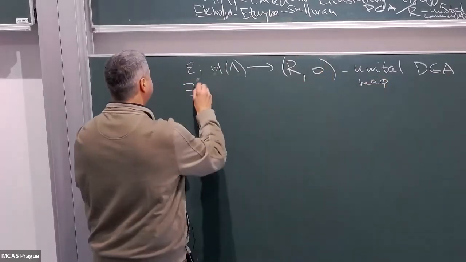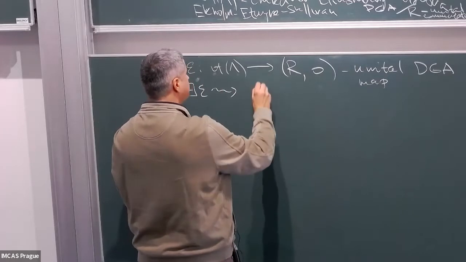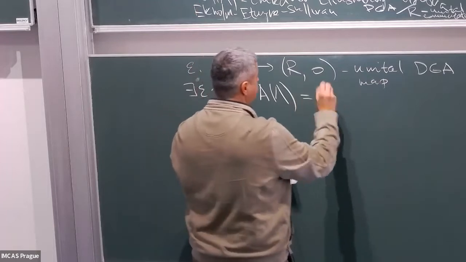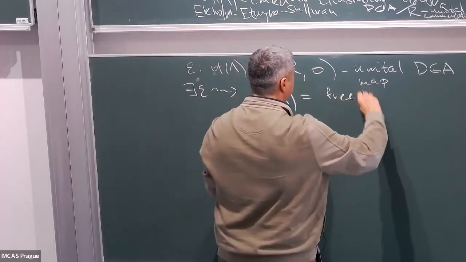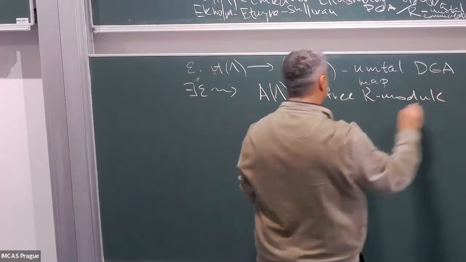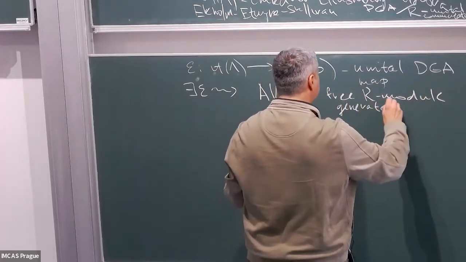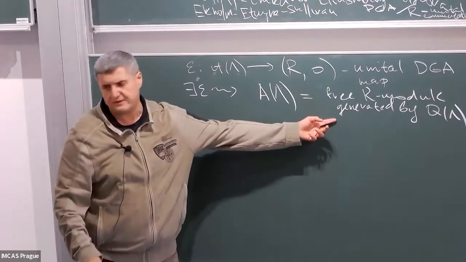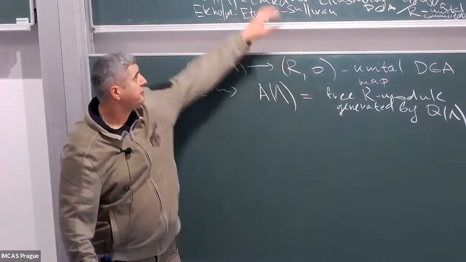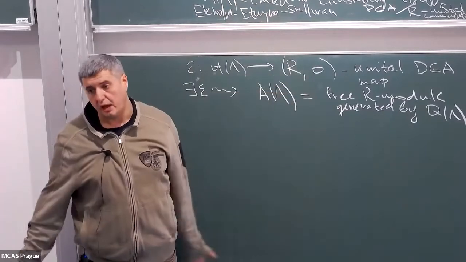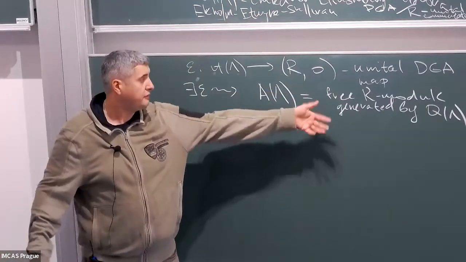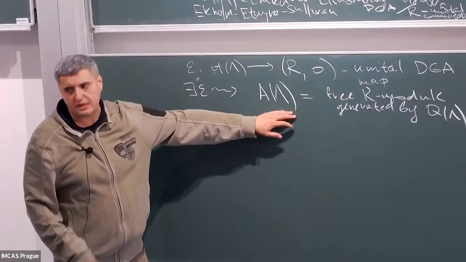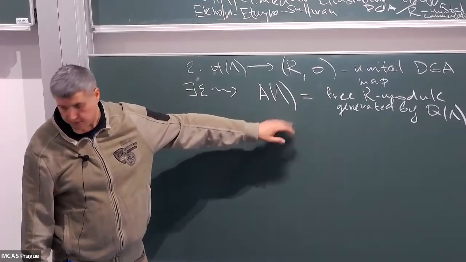If we have this epsilon, then we can form the so-called linearized algebra, here a curly A, there a standard A. It will be a free R module, once again generated by this Q lambda, with a linearized differential. Since we have a finite number of elements, we will have a finite dimensional module, so we get invariants that are easy to compute. So the existence of this epsilon gives us some computable invariants.